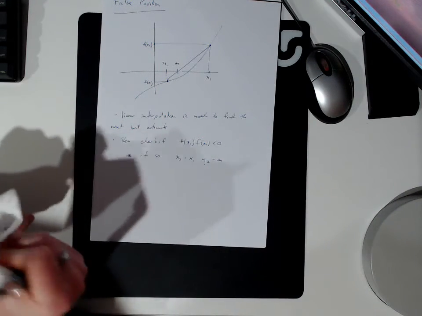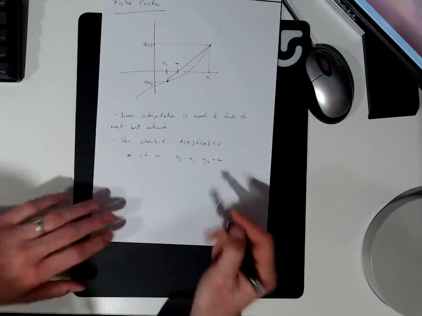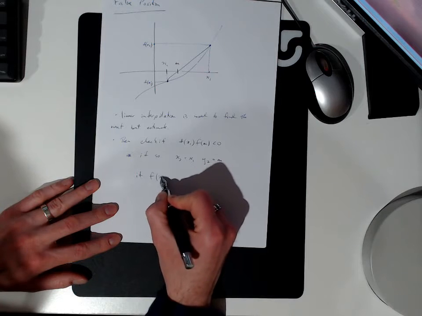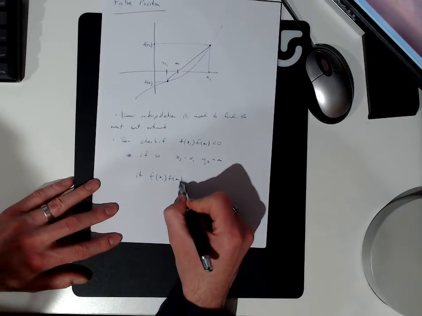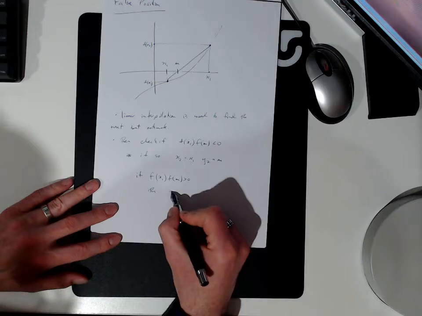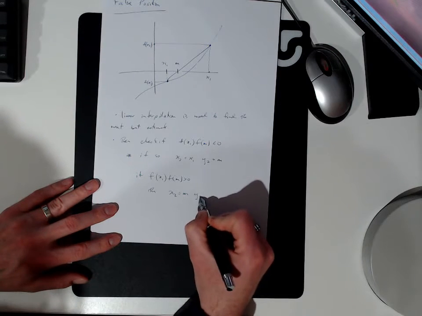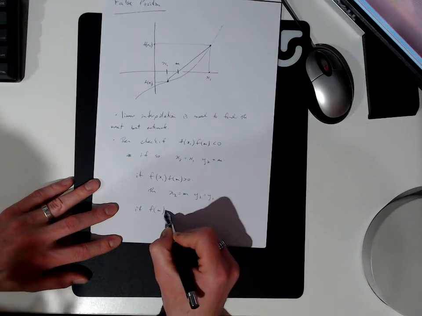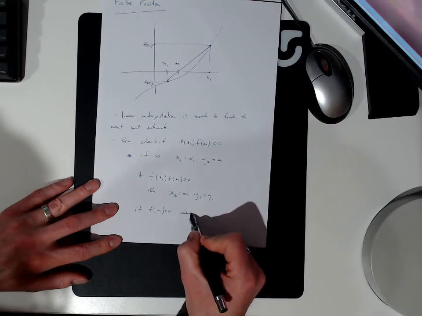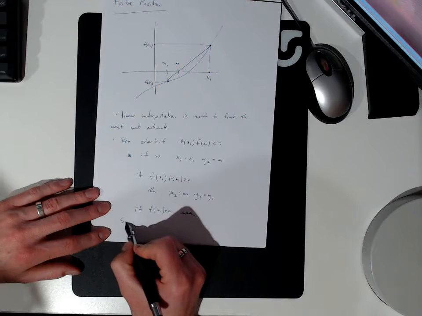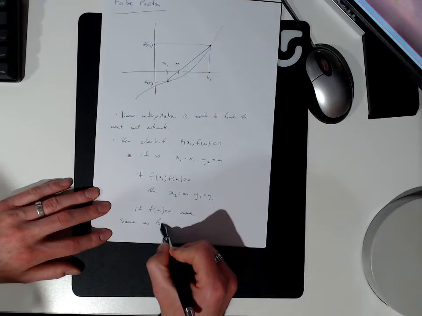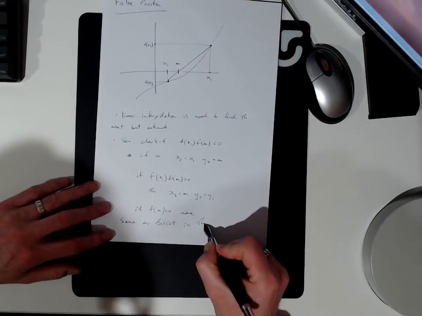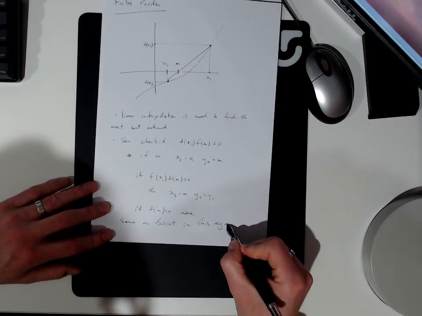I guess maybe I overfilled it. Okay. If y1 times ym is greater than 0, then of course x1 equals xm and y1 equals ym. And if ym happens to equal 0, then you're done. So, same as bisect in this regard.